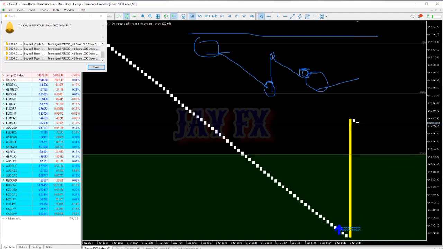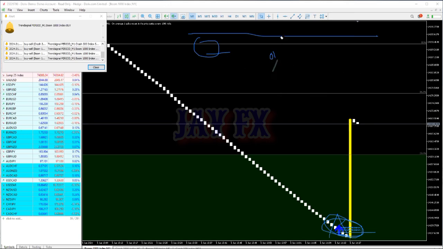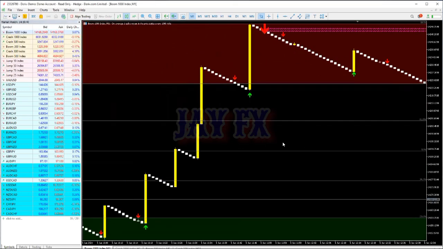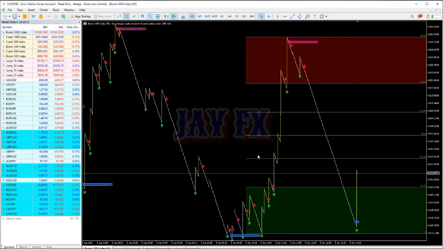Whenever you see that the market has created this support and this big blue arrow, you know it's time to go out of Boom, because on Boom we only sell, we don't buy. We only sell all kinds of Boom, either Boom 1000, Boom 500, or Boom 300. So as soon as it shows this, we go away from the market.